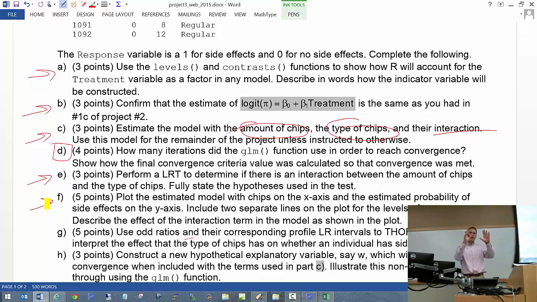Remember how we did a plot and you could see how the interaction appears on the plot? That's what motivates F here, where now you're going to put chips on the x-axis, the estimated probability of side effects on the y-axis, and then draw 2 lines, one for treatment olestra and one for treatment regular chips.